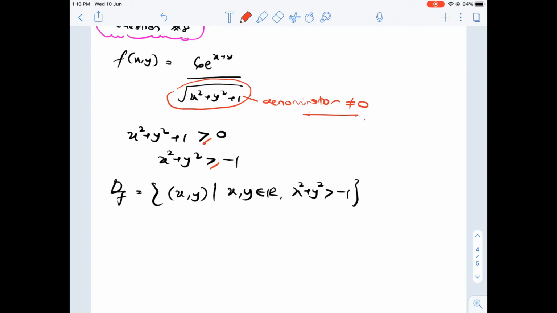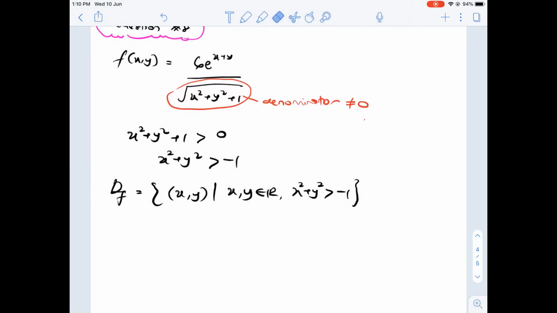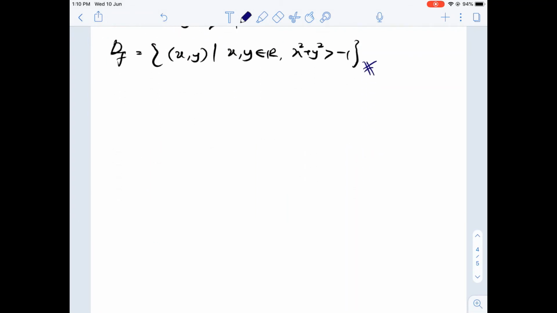That's why we cannot have this equal sign. So I need to erase this. Sorry. We just have greater than. That's it. So that's the answer for this question. Okay, next, question number 9.